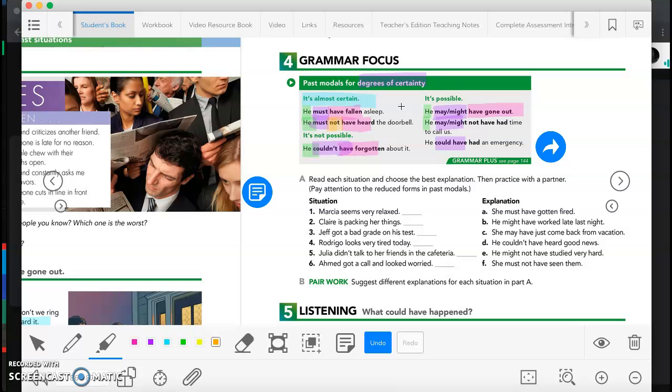So if you want to use percentages, you could say that. But basically, yes, that's a good thing to keep in mind. Remember that we are using a subject, a past modal, and then the past participle of the verbs all the time. Remember that "must not," you cannot say "mustn't." You have to say "must not" in order for it to be correct.